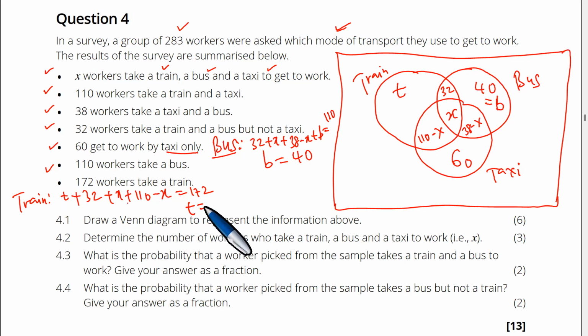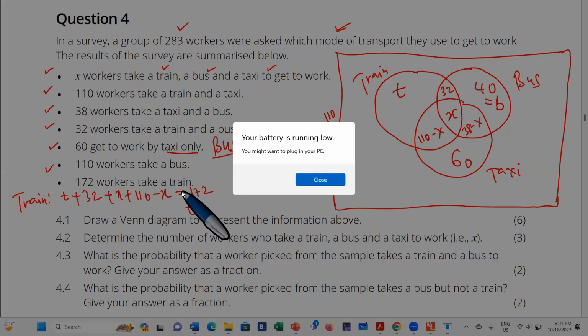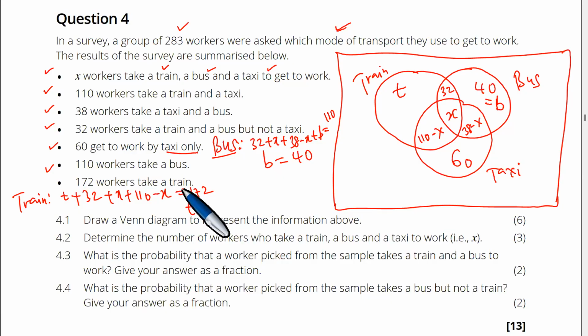If you solve everything here, x minus x is 0.